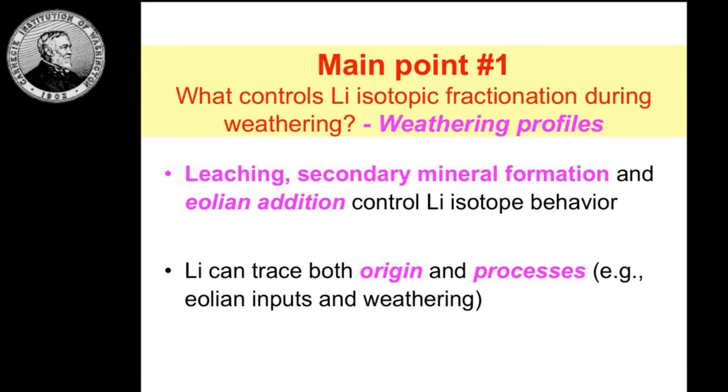Okay, so the main point I would like to show you, hopefully you're convinced: both leaching, secondary mineral formation, as well as the aeolian dust addition control the lithium isotopic behavior because weathering is an open and dynamic system. So lithium has the capability to trace both the origin and the evolution processes.